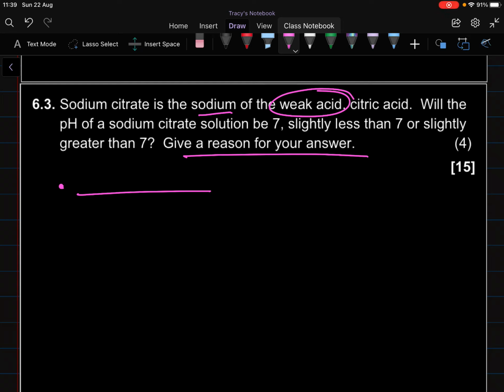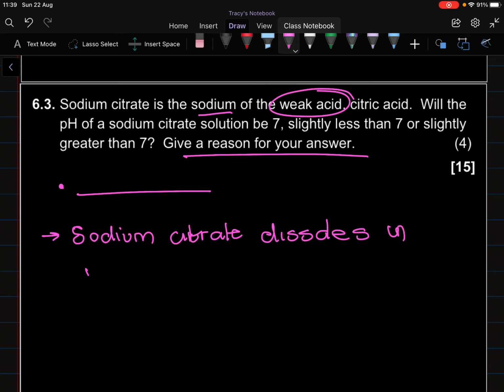This is what's going to happen. The sodium citrate dissolves in water. It forms Na+ ions and C6H7O7- ions. Now remember, it's a weak acid, which means it makes a strong conjugate base.